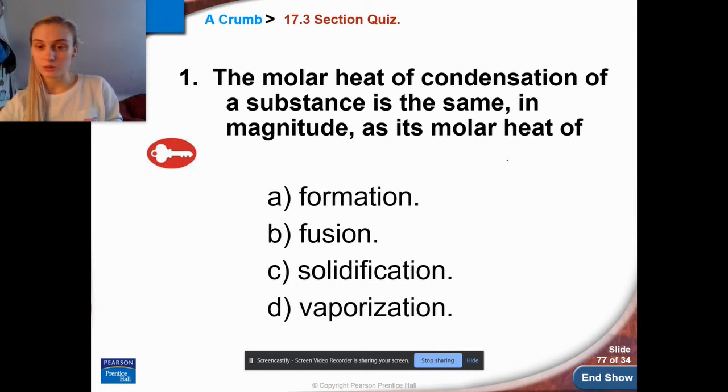So I'm going to draw the graph really quick. The graph is like this, and then at 0 degrees it melts from ice and goes to liquid, and then once it's fully in liquid form, it goes up again. Once it gets to 100 degrees, it starts to transition into a gaseous phase.